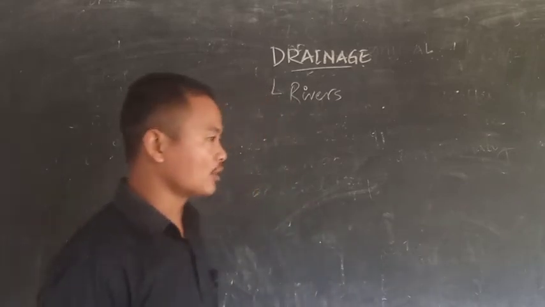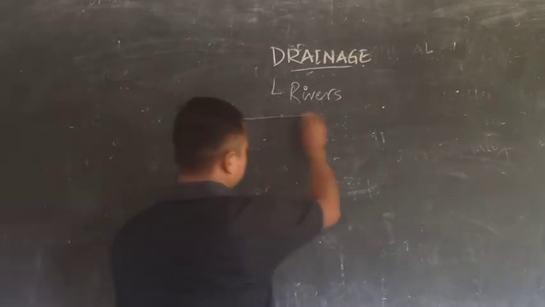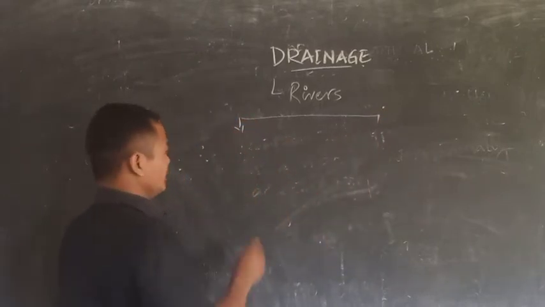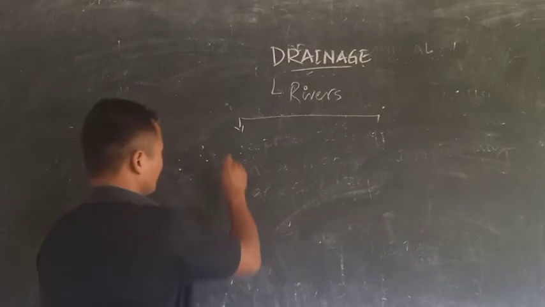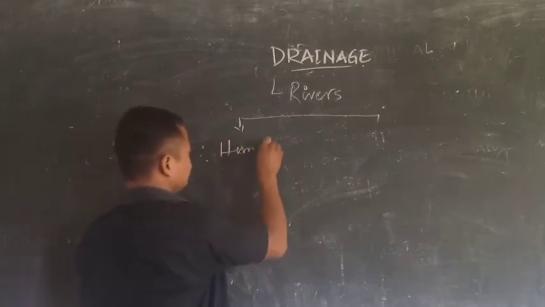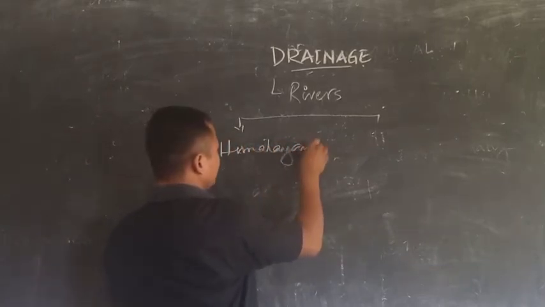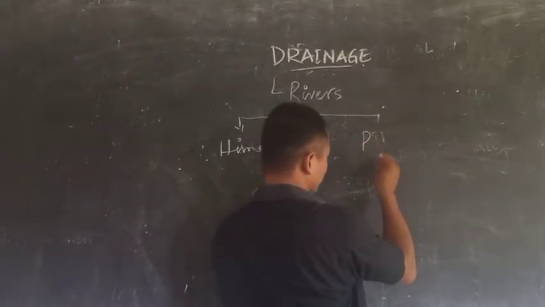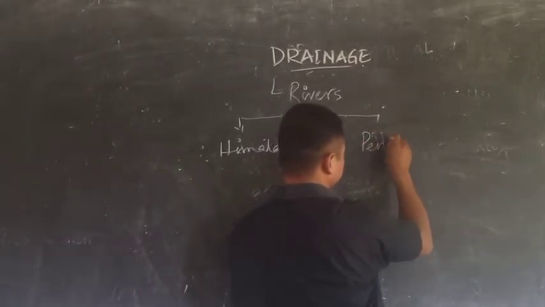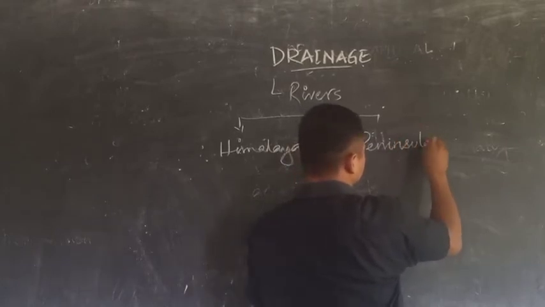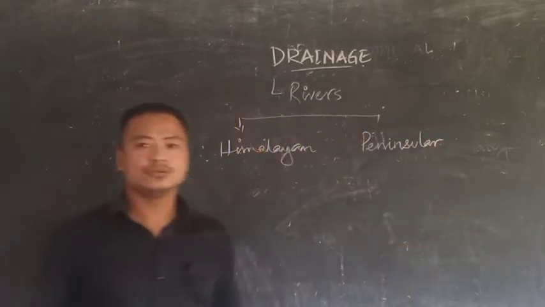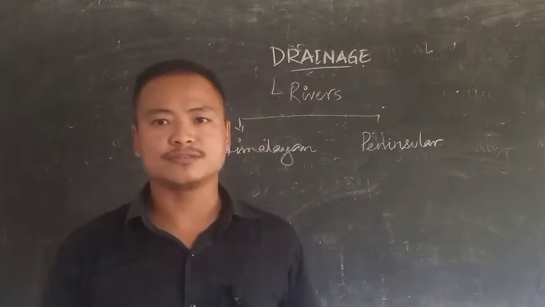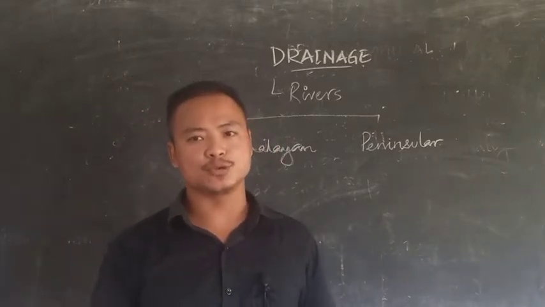The rivers in India can be divided into two kinds based on their sources. One is the Himalayan rivers and the other is the Peninsula rivers, or the rivers originating in the plateau. So these are the two different kinds of rivers based on the sources.